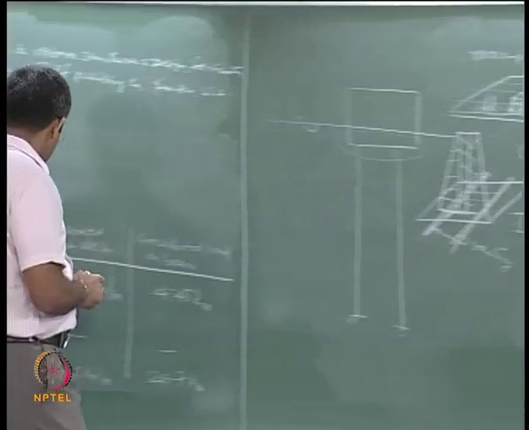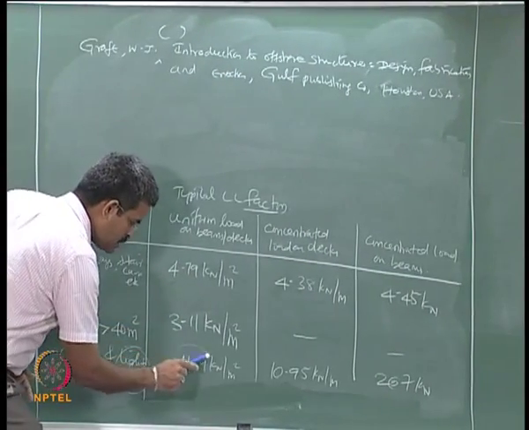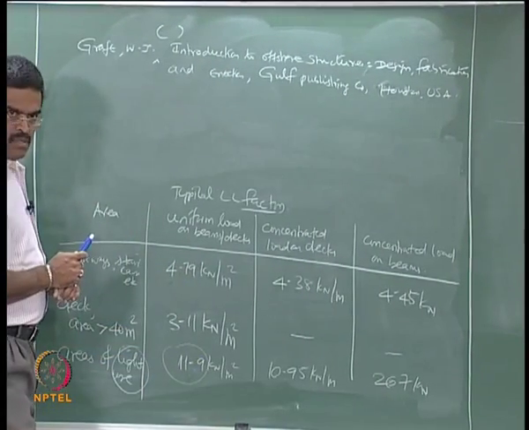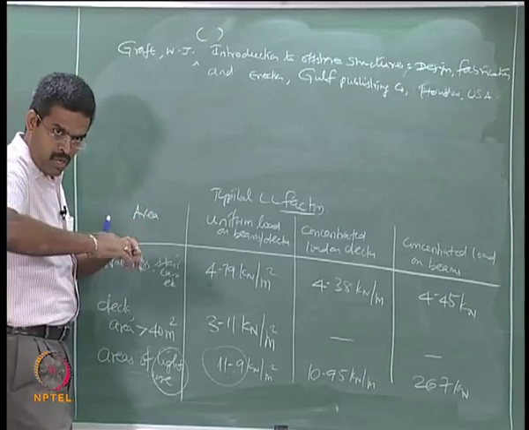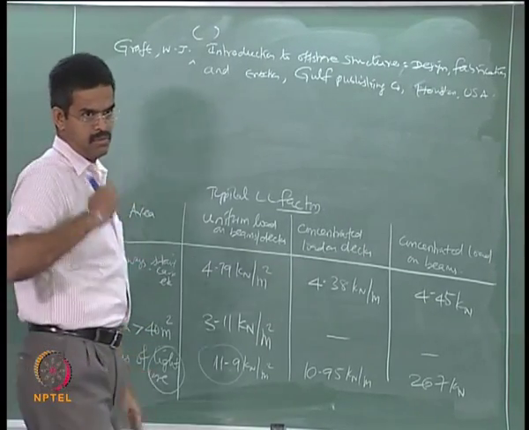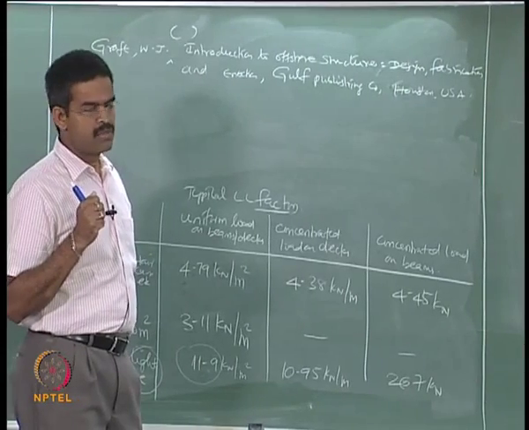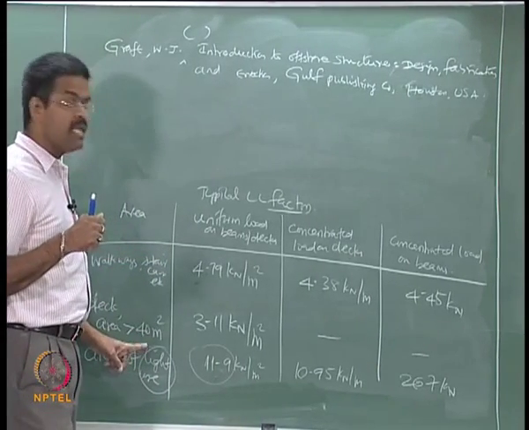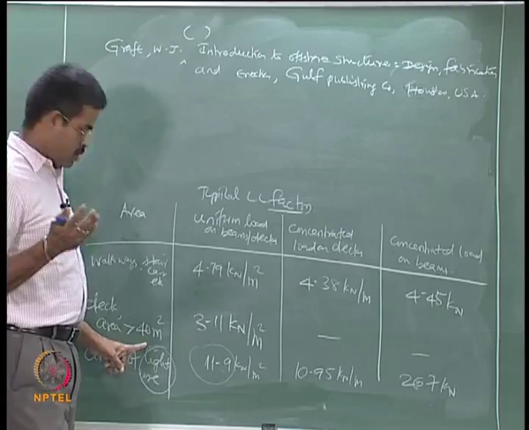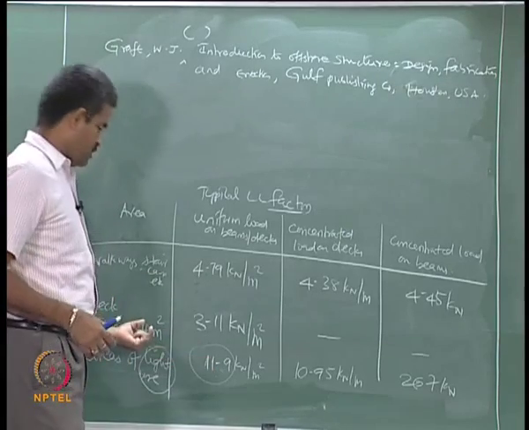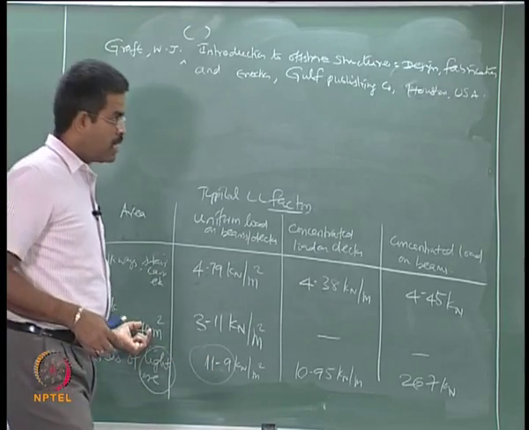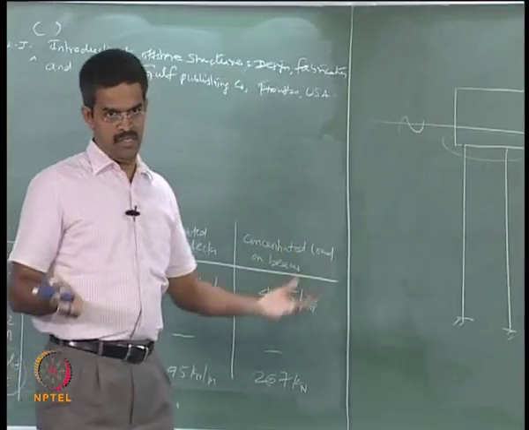So, even though the intensity is larger, when you multiply with the area, the total load on the system because of this will become lower. Whereas the operational areas are very, very high. So, if we multiply this intensity with this area, unnecessarily the load on the structure will become very large.